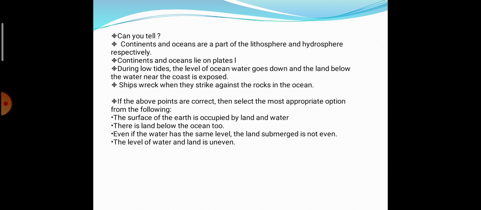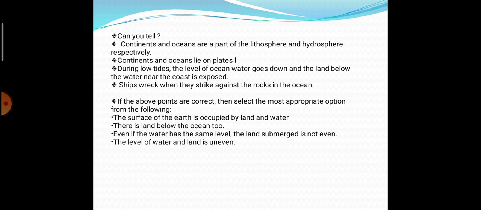The land consists of continents, which are continuous stretches of land, and it is divided into 7 continents. The water-covered surface includes 5 oceans: Arctic, Atlantic, Pacific, Southern Ocean, and Indian Ocean.